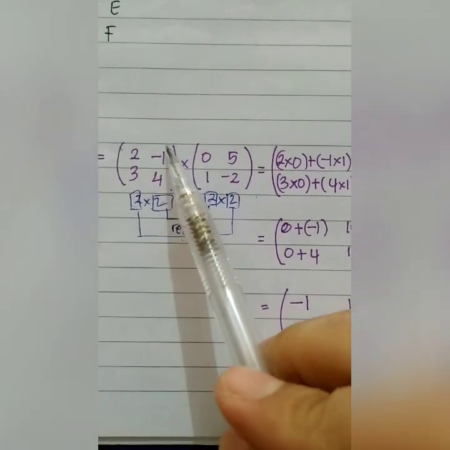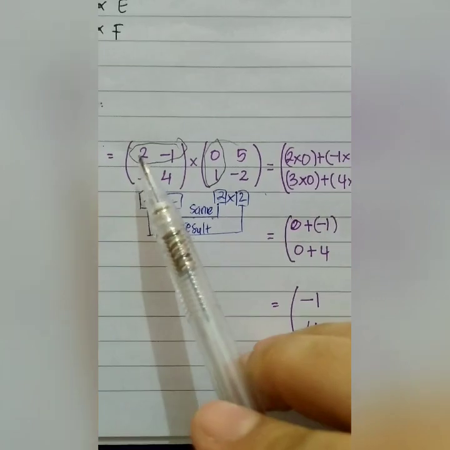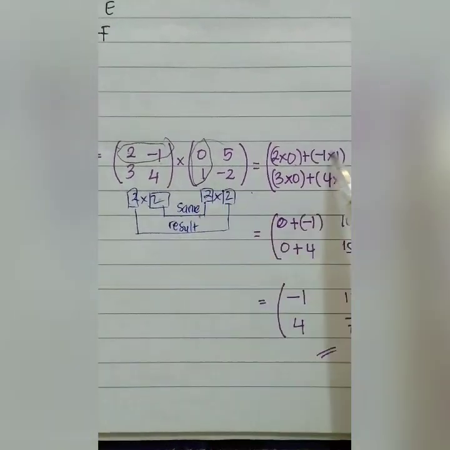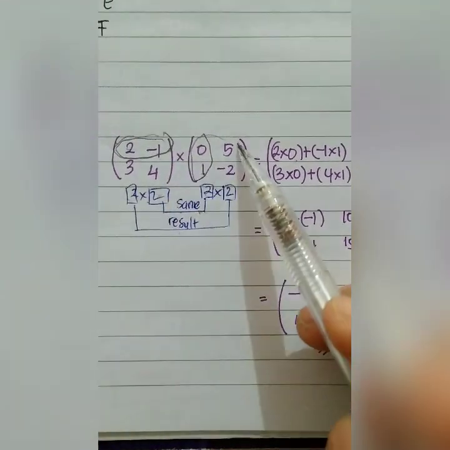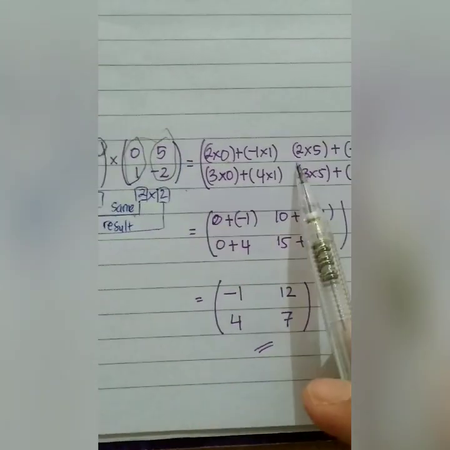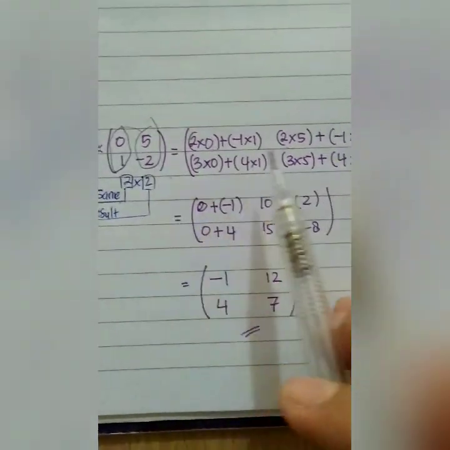Remember, first row to first column: 2 times 0, negative 1 times 1. Then first row to second column: 2 times 5, negative 1 times negative 2.